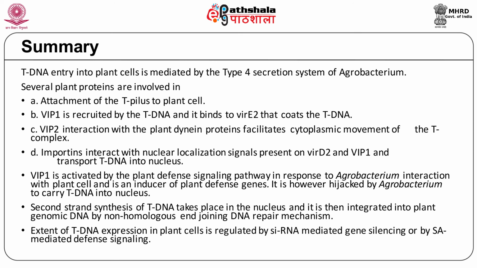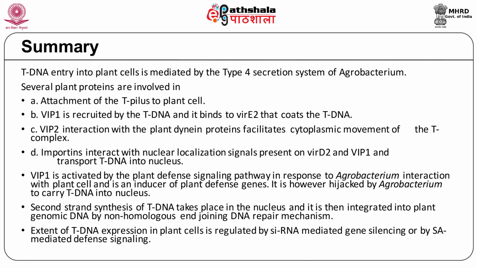Importins interact with nuclear localization signals present on VirE2 and VIP1 and transport tDNA into nucleus. VIP1 is activated by the plant defense signaling pathway in response to Agrobacterium interaction with plant cell and is an inducer of plant defense genes. It is, however, hijacked by Agrobacterium to carry tDNA into nucleus.